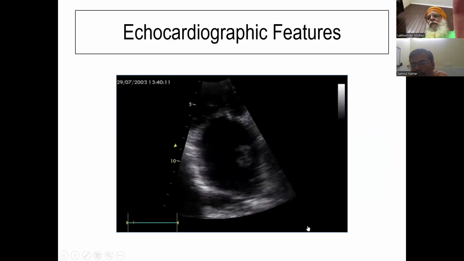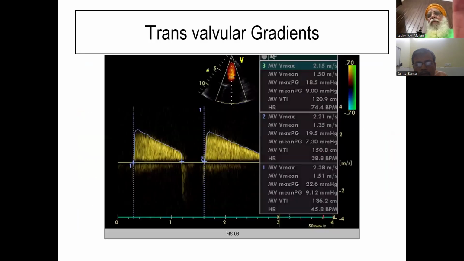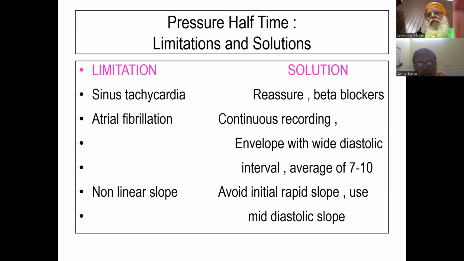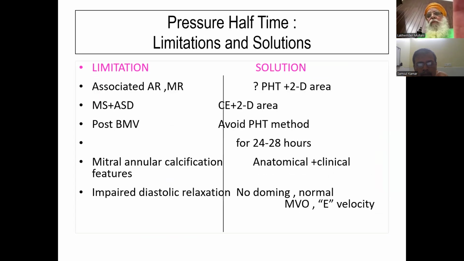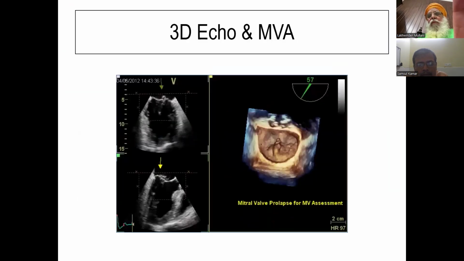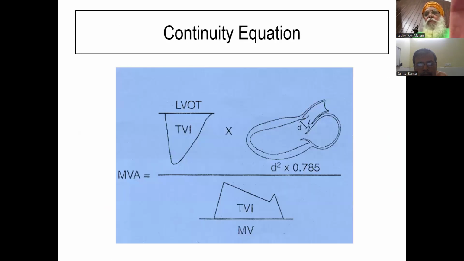Let me just go back to my slide. By continuity equation, I'm trying to calculate my mitral area, not calculating mitral area by annulus. So what I'm doing is, I'm looking at LVOT diameter into LVOT VTI.